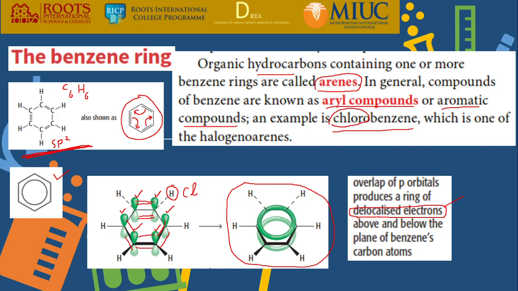These delocalized electrons are not available for electricity conduction. So overlap of p orbital producing a ring of delocalized electron above and below the plane of benzene carbon. Above and below, we have studied in AS chemistry that the p orbitals are dumbbell-like shape and they have electronic density above and below the main axis.